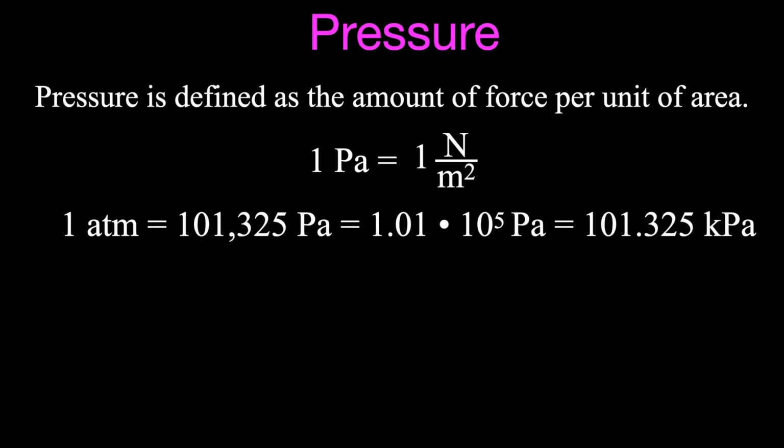Commonly, it's given in kilopascals because this is 101,000. So most commonly, you will see it written as 101.3 or 101.325 kilopascals. And that, in fact, is the unit that we'll be using mostly in this simulation.